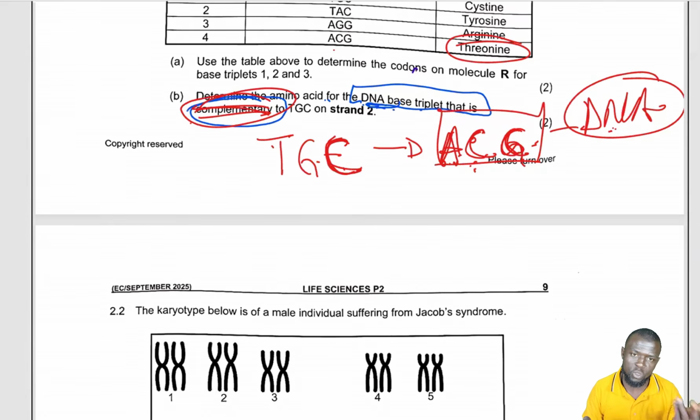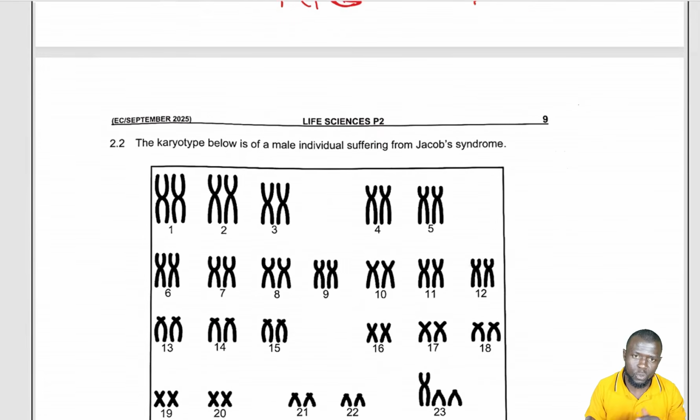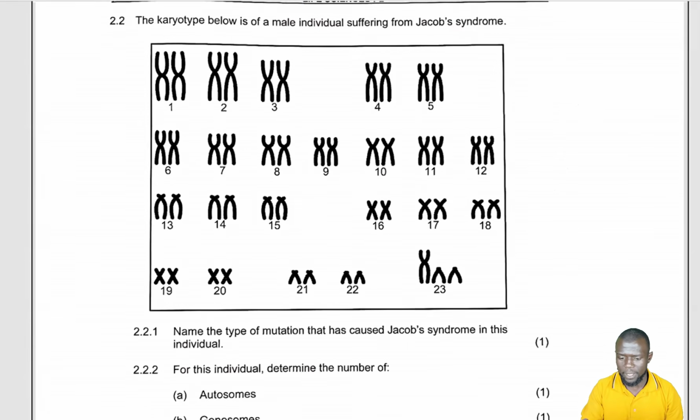Don't finish the paper and then sleep. It doesn't make sense. How can the examiner set a paper for 2.5 hours when you finish it in 1 hour? You are making the examiner a fool. So guys, don't make examiners fools.